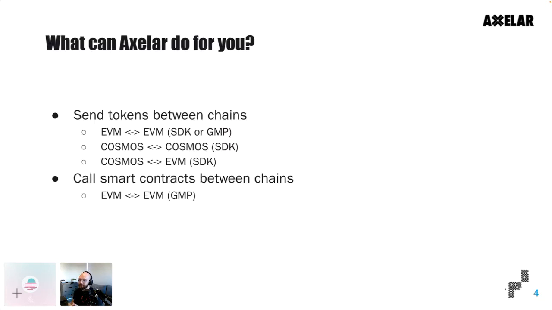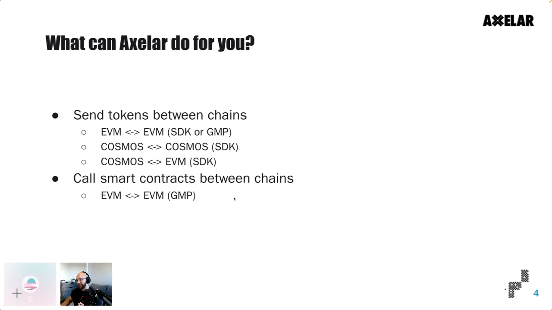So that's a quick overview. In a nutshell, what Axelar can do for you is allow you to transfer tokens between chains: between EVM and EVM, between Cosmos and EVM, and between Cosmos and Cosmos. You can use either the Axelar SDK, or you can directly call the gateways that we have deployed on different networks.